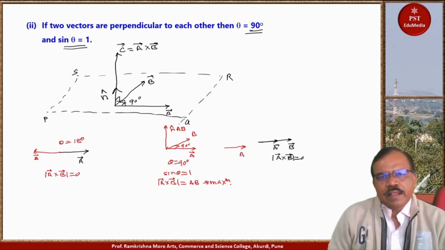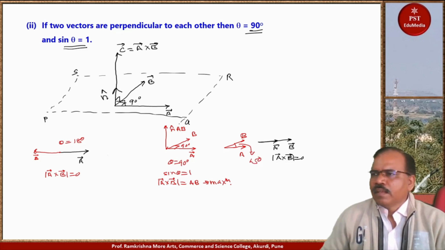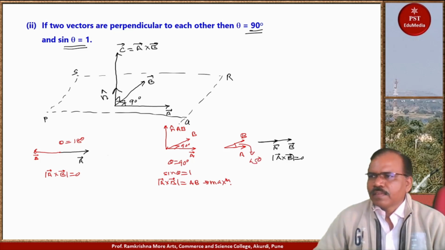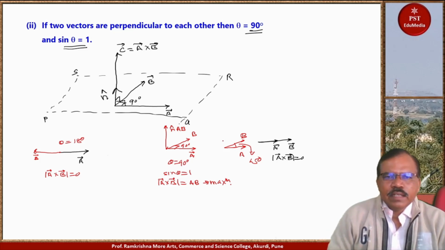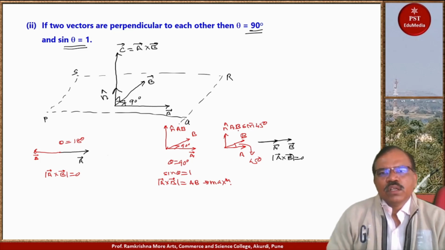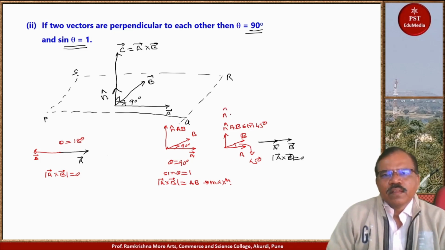So suppose we take this one. This is A, and suppose this one is B, and this angle is suppose 45 degree. So it is less than 90 degree. So you will get corresponding here n AB sine 45 degree. So sine 45 is 1 by root 2. So you will get here n AB divided by root 2.